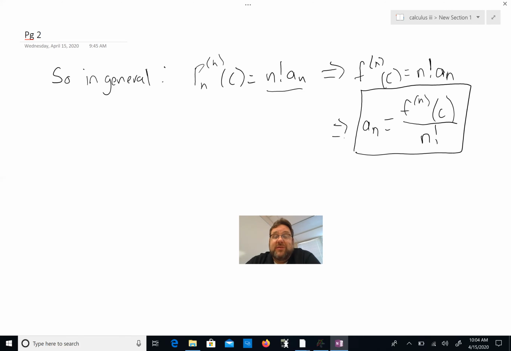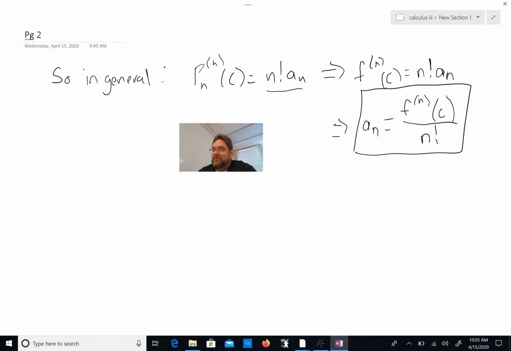So by using nothing special other than what a polynomial looks like and our requirement that we have equality of the derivatives at C, this is what our coefficients have to look like. And that's really cool.